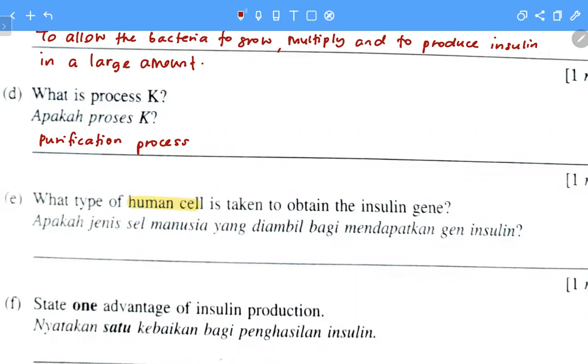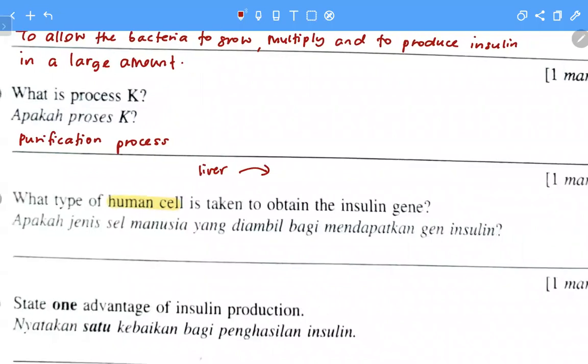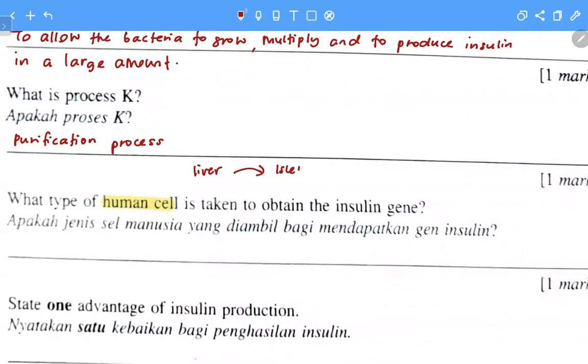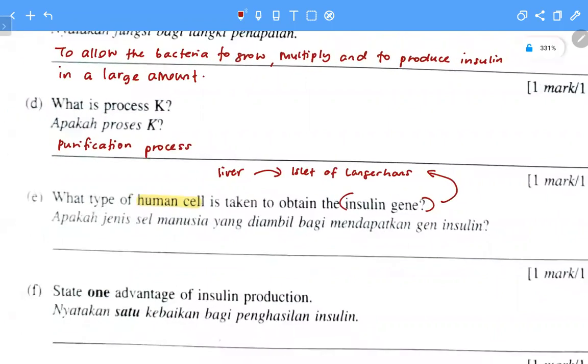Okay, so we have a liver, right? We have the liver, and then we zoom in some more. We can see a section of liver, which is called the islet of Langerhans. And we take the insulin gene from the cells inside the islet of Langerhans.